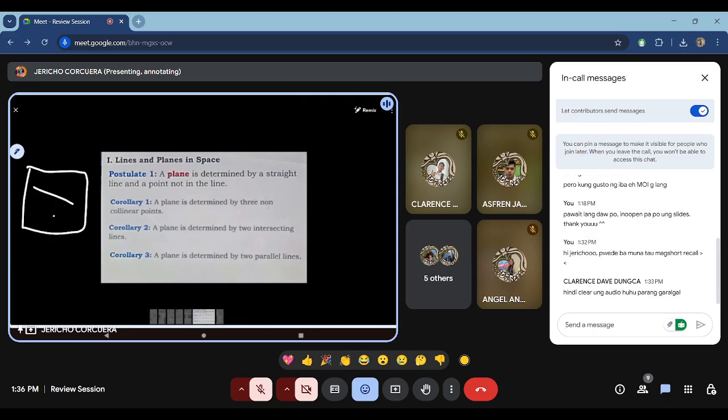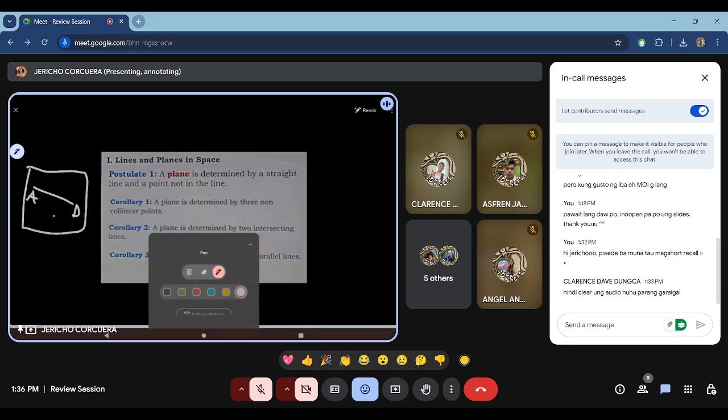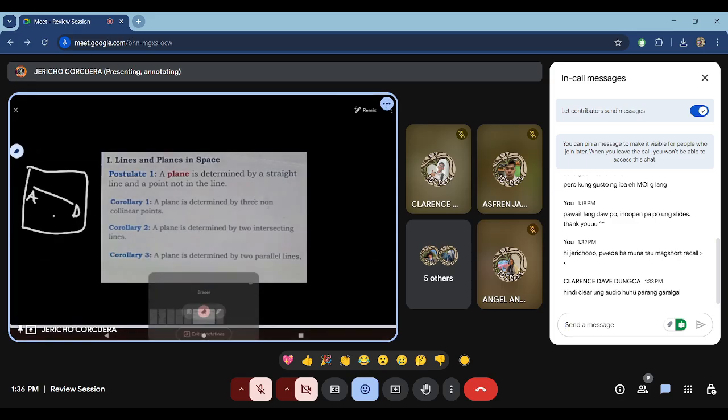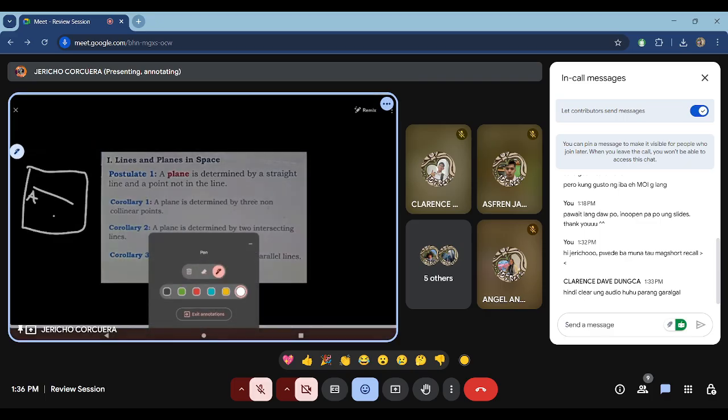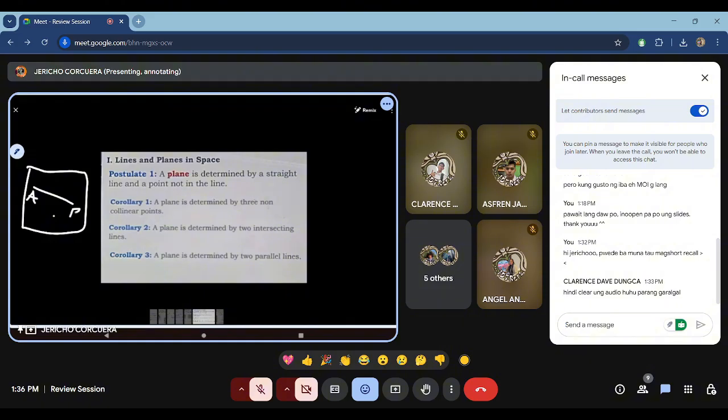Let this be A, this is B. No, that should be B, not D. Let this point C, and this is plane M, ganyan, parang ganyan siya.